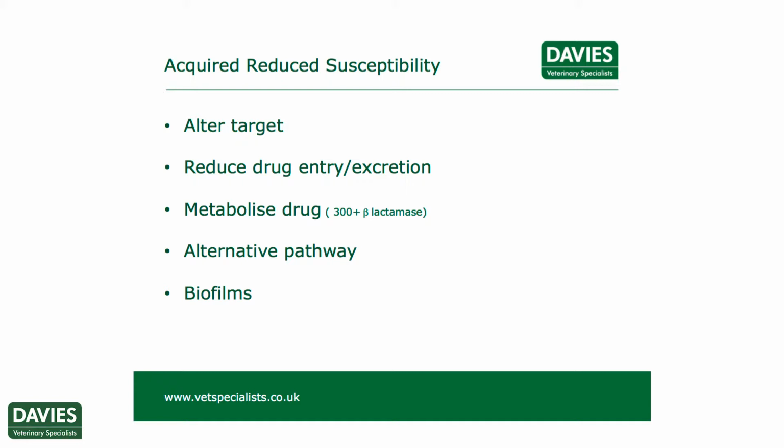So bacteria will either alter the target of the antibiotic, or reduce drug entry or excretion, as I mentioned with pumps before. They'll work out different ways to metabolize the drug, so beta-lactamases are one mechanism that we're most familiar with. Or they may produce alternative metabolic pathways to bypass the area where the antibiotic targets.